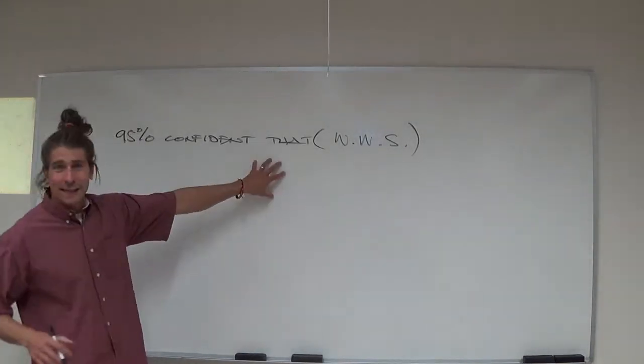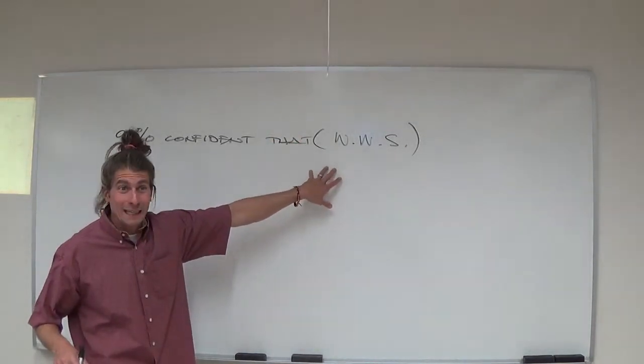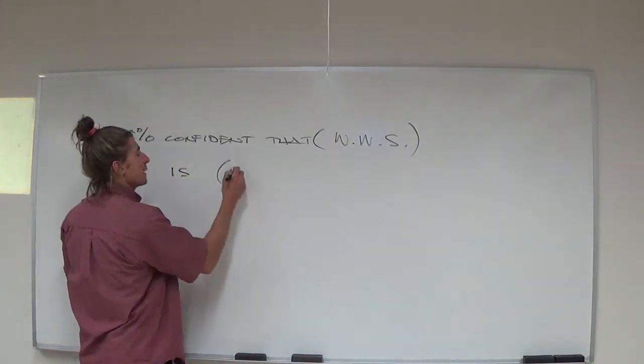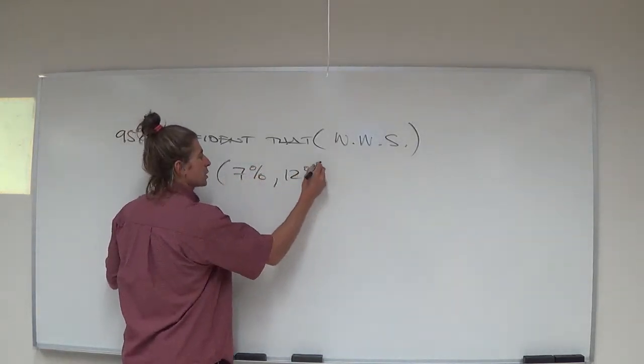Suppose we're 95% confident that whatever that proportion we're studying is between 7% and 12%.